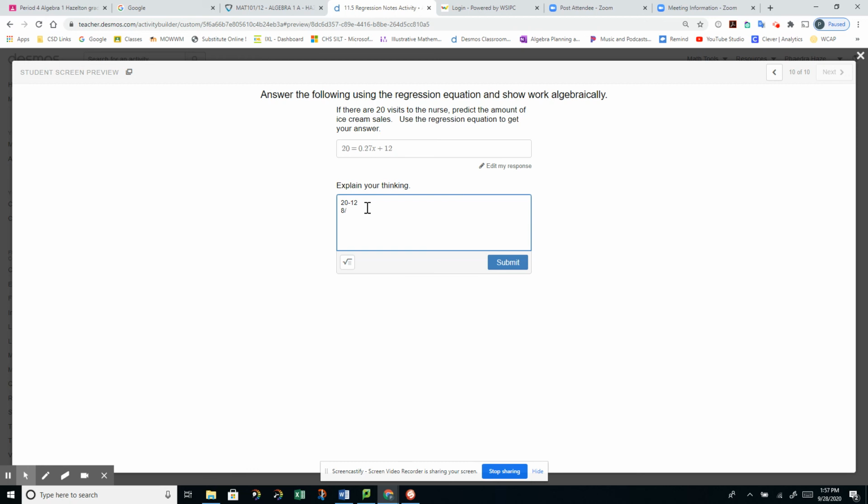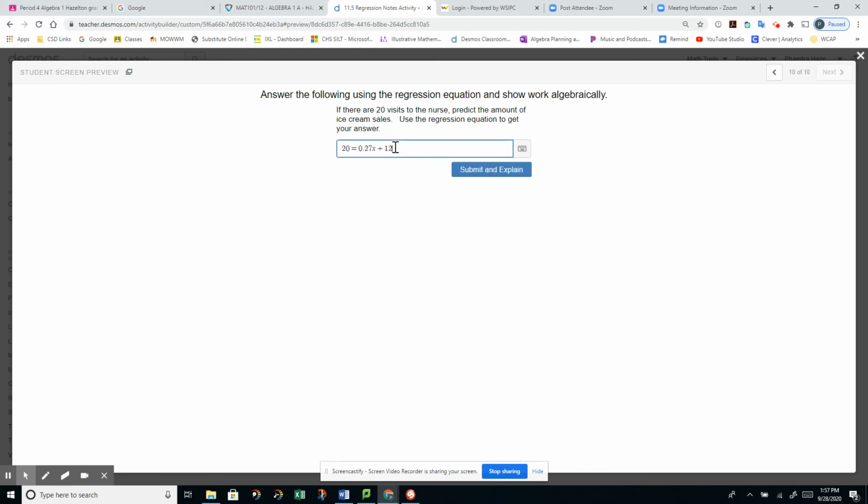Then you're going to divide that by 0.27, and that ends up being about 29.63. So in this one right here, this should be 29.63.